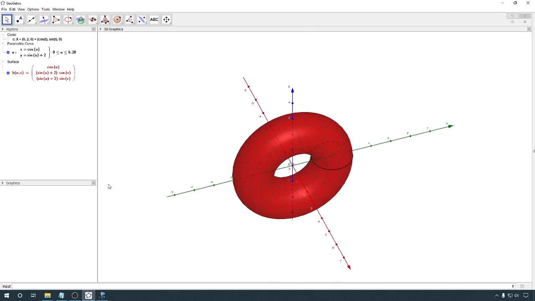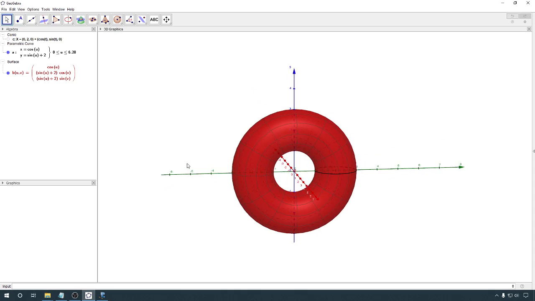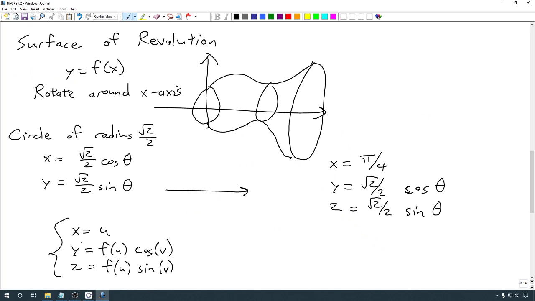Technically, the donut would be the solid. We'd actually include everything inside. Technically, this is just the surface on the outside. Same as what a sphere technically is. It's the outside of it. But the point here is that this way of parameterizing anything that is a revolution around a particular axis works even if it's not just taking a curve y equals f of x.